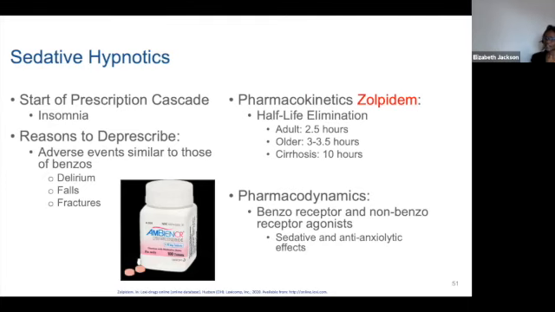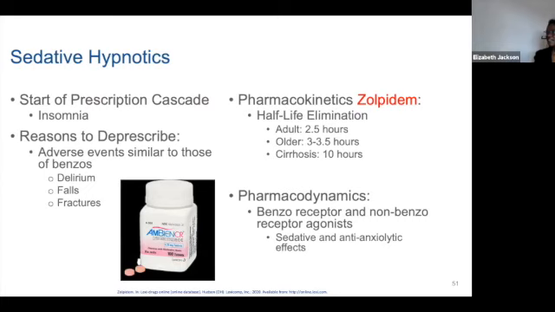Again, this is a scenario of sedative hypnotics, and I will attempt to bring all the concepts together. You have a patient that has insomnia. The prescriber is prescribing zolpidem. The half-life for an older adult is about 3 to 3.5 hours.